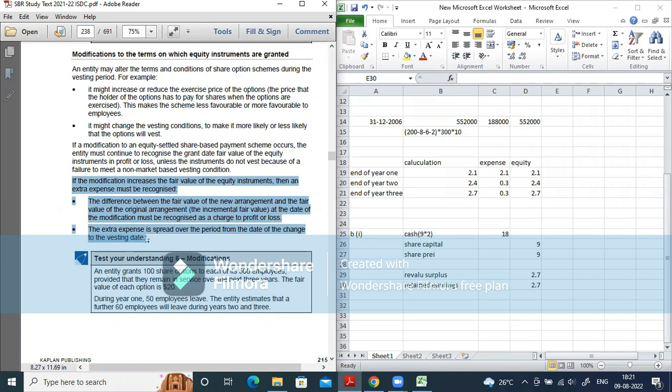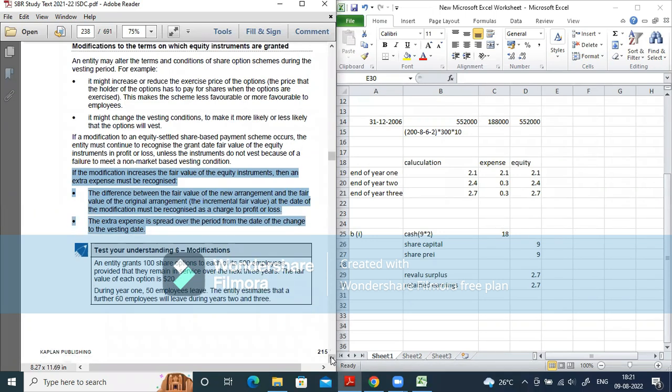And the extra expense is spread over the period from the date of change to the vesting date. Very simple. It might look confusing, but it is very simple. Let me show this.